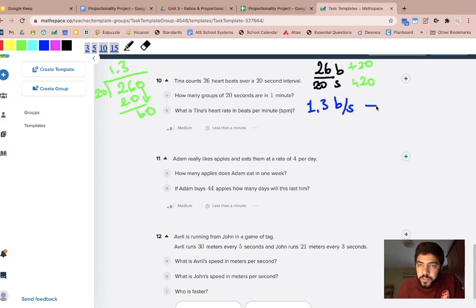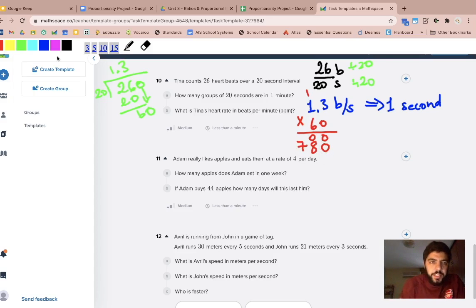Now this is, like we said, 1 second. And we know that a minute has 60 seconds. And so this is going to happen 60 times. So all we need to do here is just say this is multiplied by 60. And if we remember multiplication of decimals, 0 times 3 is 0, and so we have 0 plus 780, which is 780.